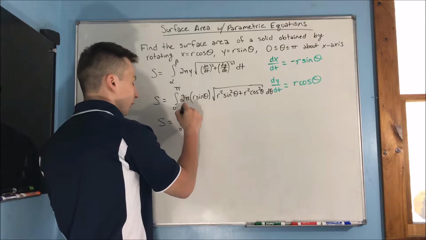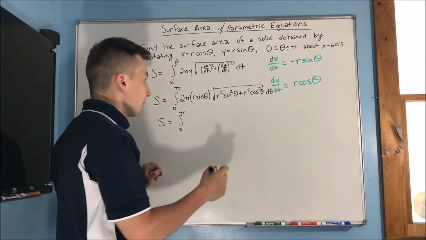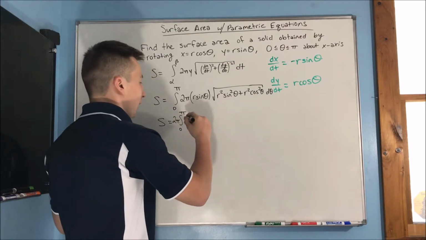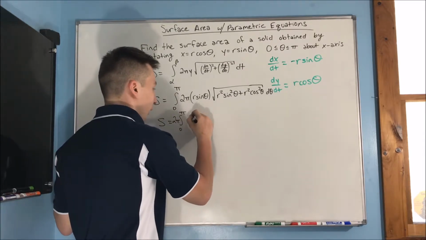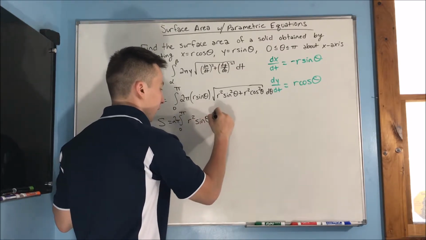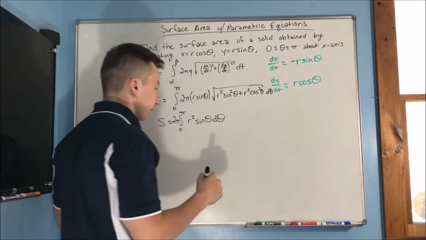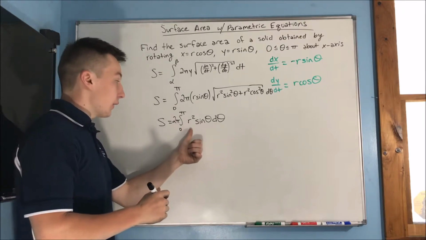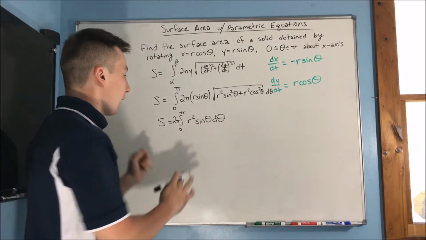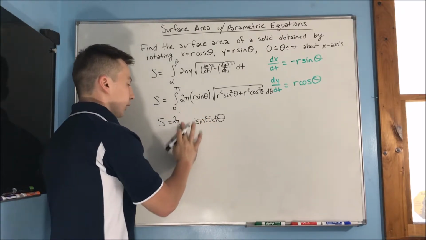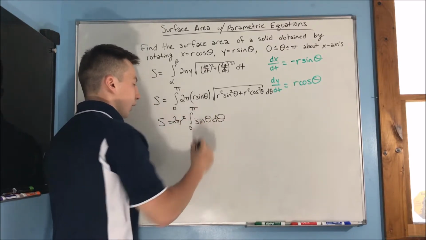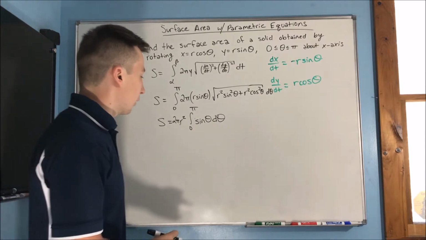The surface area is equal to 2 pi, the integral from 0 to pi of r squared sine theta d theta. Of course this r squared is a constant too, so we can pull that out as well. So we can just say 2 pi r squared, the integral from 0 to pi. Same thing, just might help you a little bit.